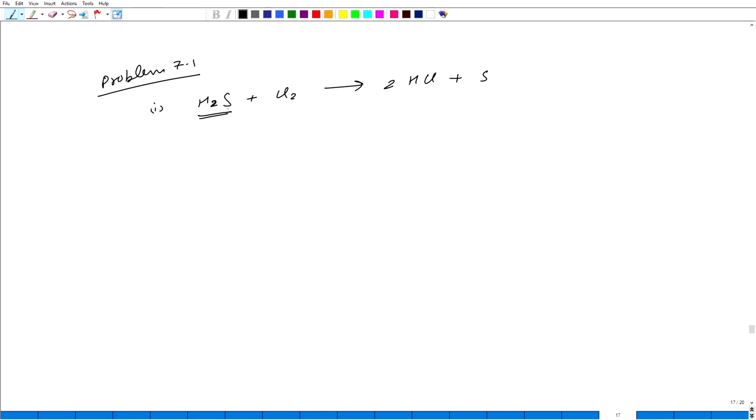Let us see species number 1, H2S. What is happening to H2S? Let us say sulfur: there has been removal of hydrogen. Removal of hydrogen is a reduction reaction, sorry, an oxidation reaction.